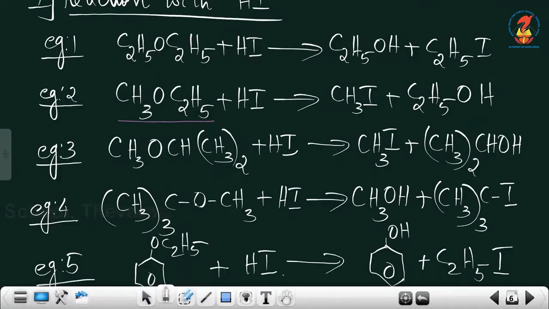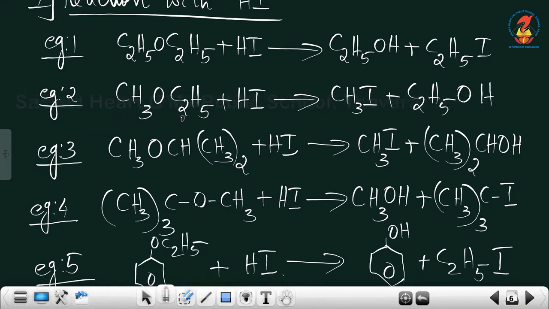This is an unsymmetrical ether, CH3OC2H5, and the name of this ether is methoxyethane, plus hydrogen iodide. And we know one group is methyl group and the other is a primary alkyl group. This is a primary alkyl group, C2H5, because this is OCH2CH3. So, the oxygen-attached carbon is attached to one other carbon atom.